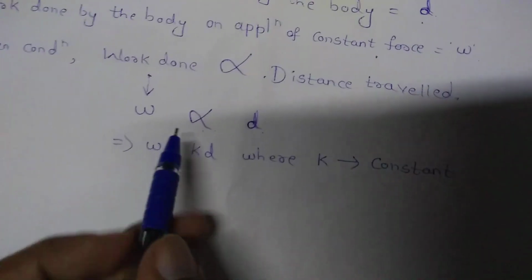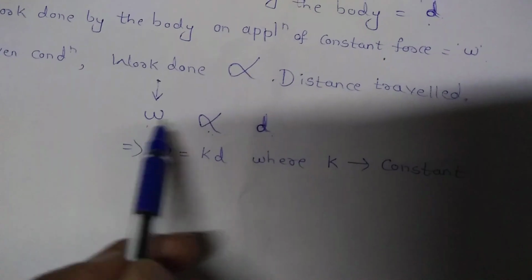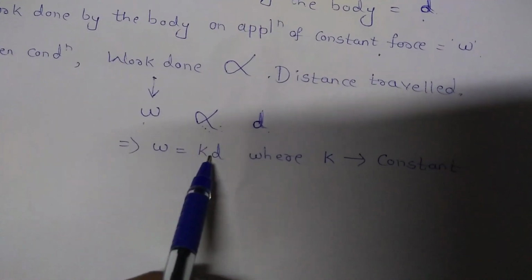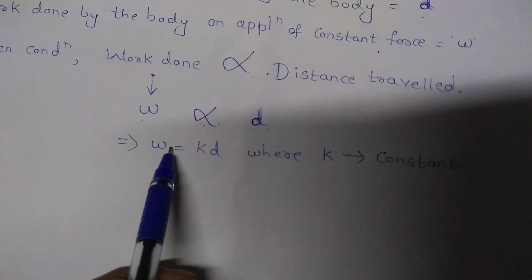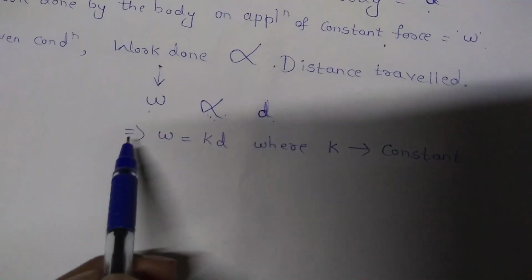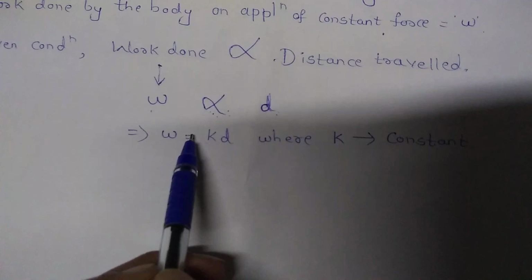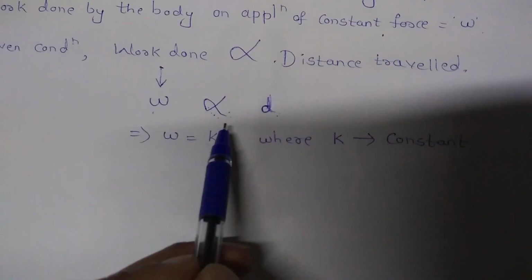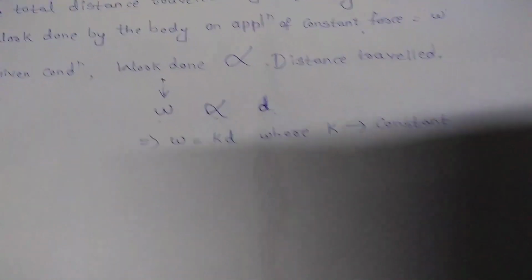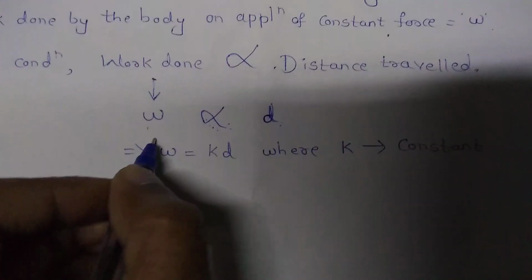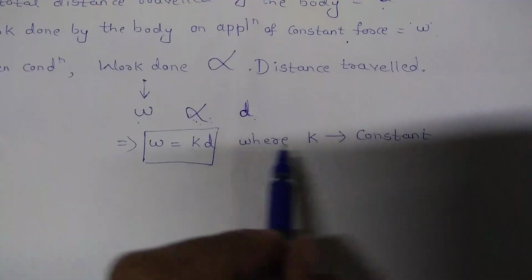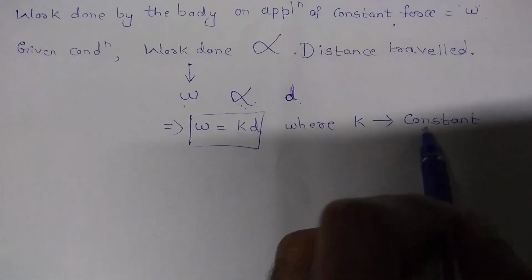This we have studied in physics classes, that is, if you want to remove a direct proportionality sign, you introduce a constant and use an equality symbol instead of the proportional symbol. So this was all about the physics part of the problem, that is W equals K into D, where K is a constant.